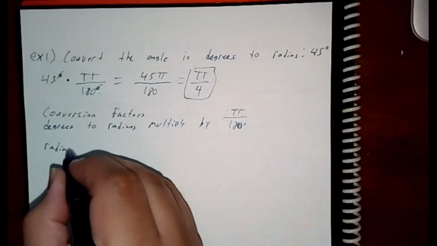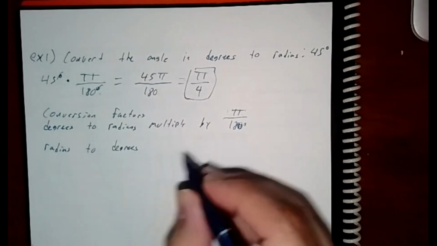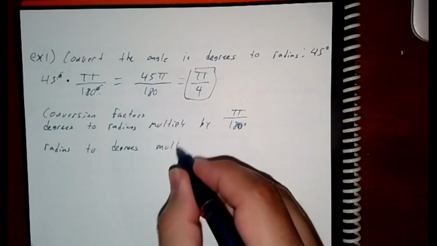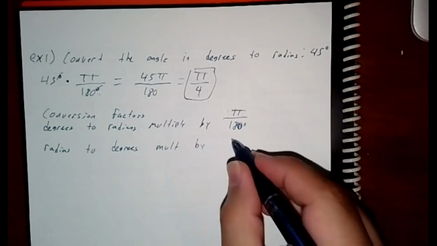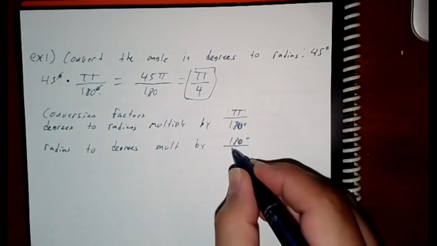Radians to degrees, multiply by 180 over pi.